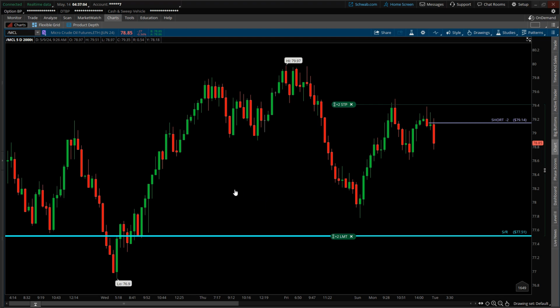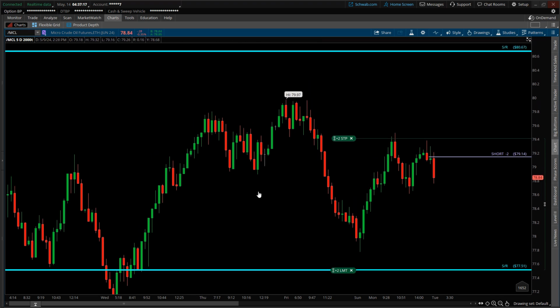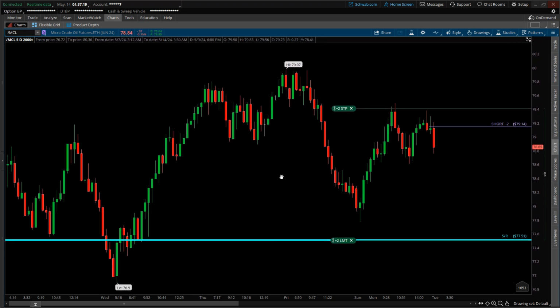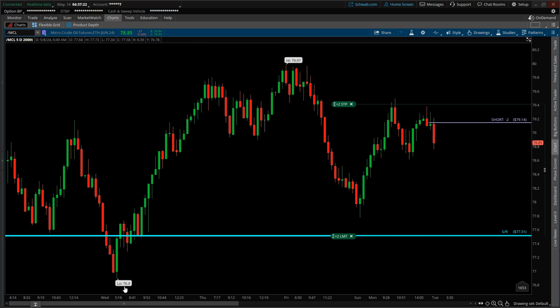So this is the 7-day 2,000 tick chart, which means each candlestick represents 2,000 trades consisting of both the buy side and sell side. This is the current candlestick right here. From this 7-day review, we can see that the 7-day low was $76.90 back on May 8th.